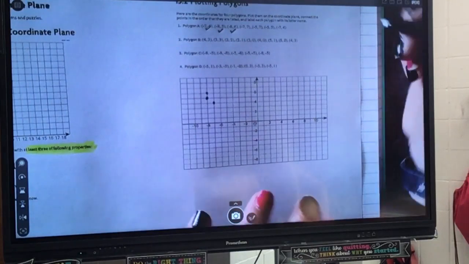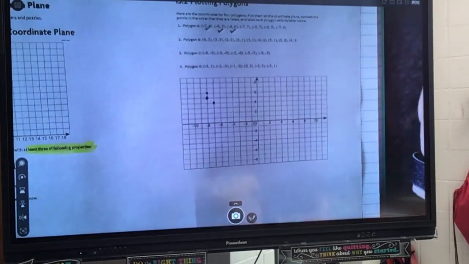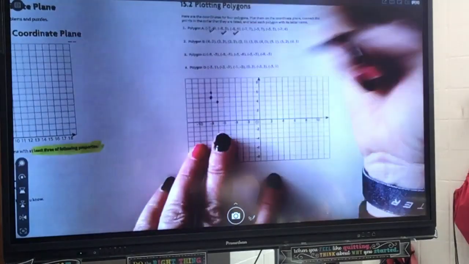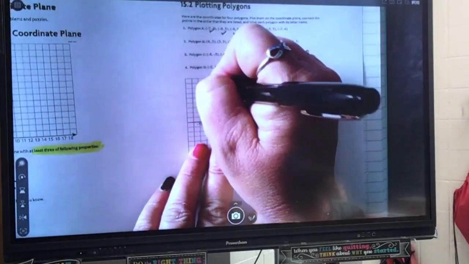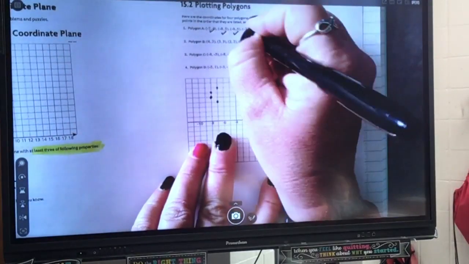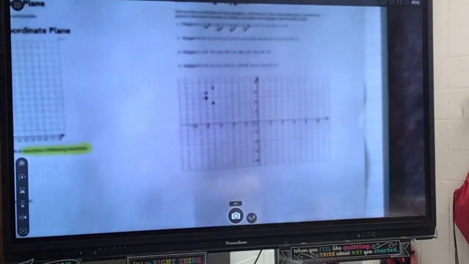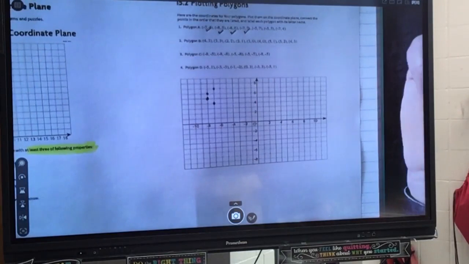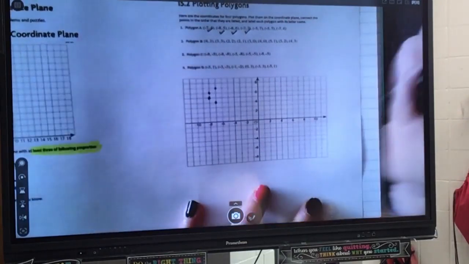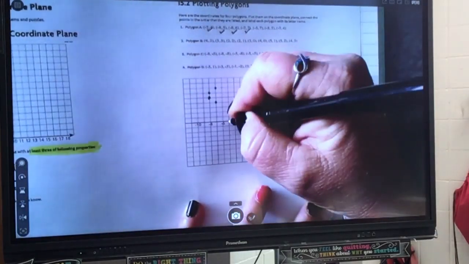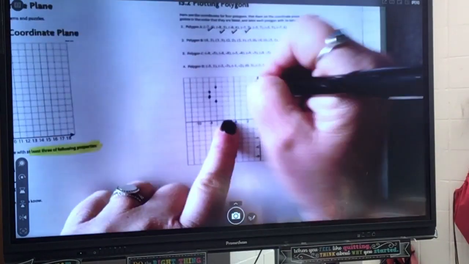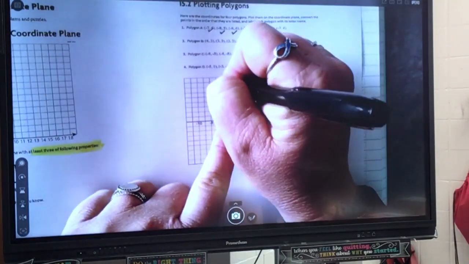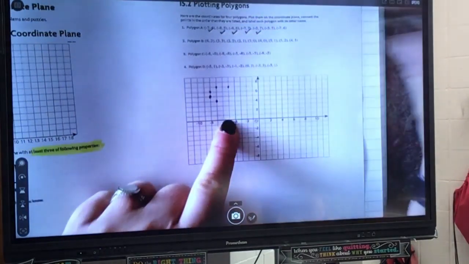Alright, Troy. Go 7 left and then 7 up. Alright. The next one is negative 5, 7. Negative 5, 7. Levi. You go off to the left and then 7 up. Okay. The next one is negative 5, 5.